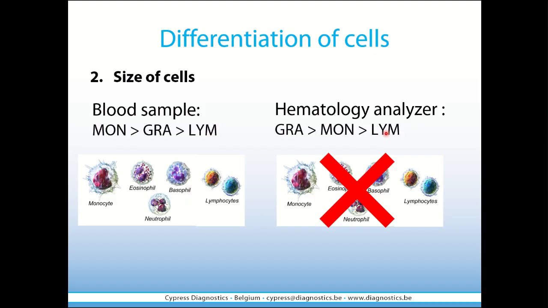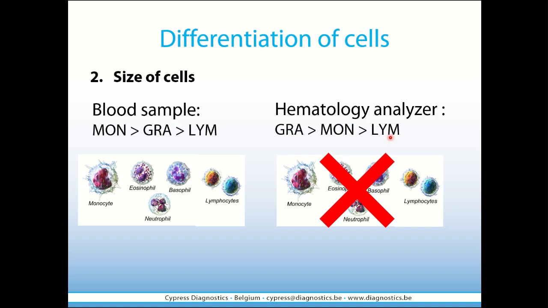We will see that the granulocytes will now be bigger than the monocytes and the lymphocytes will remain the smallest white blood cells. In the analyzers, red blood cell and platelets are measured separately from white blood cells because otherwise there would be interference from red blood cells in the white blood cell counting.